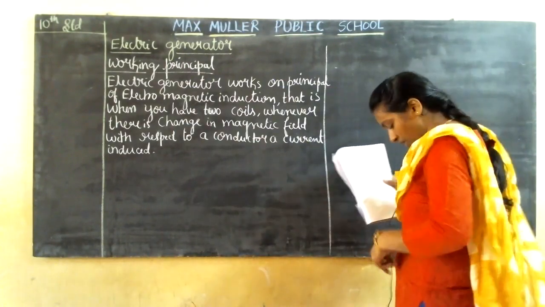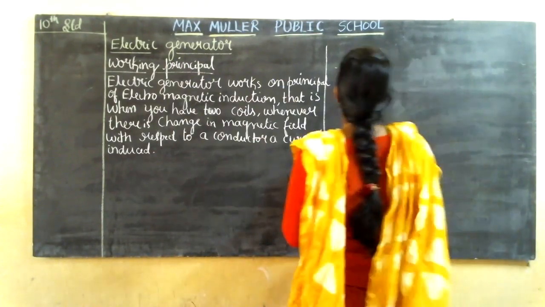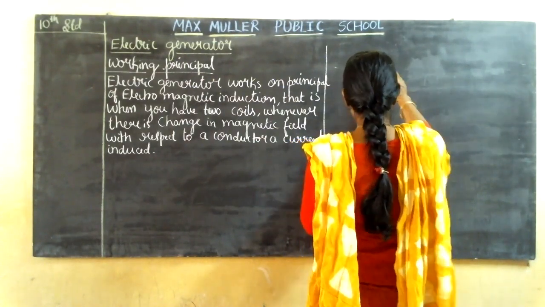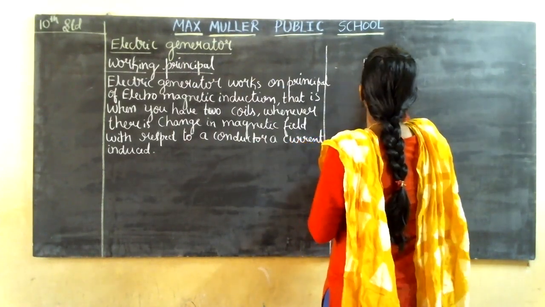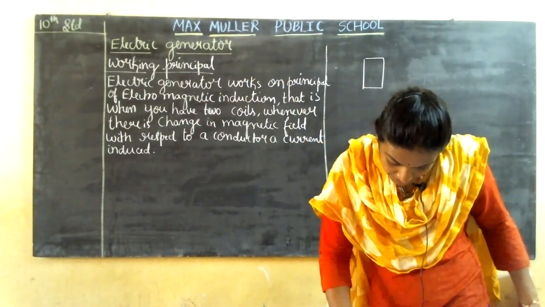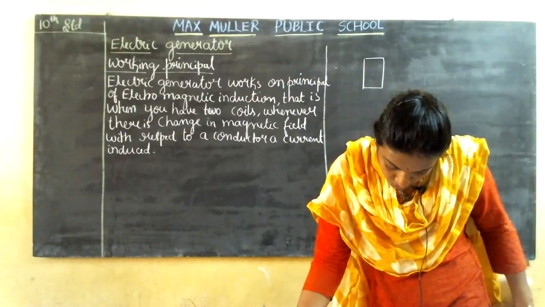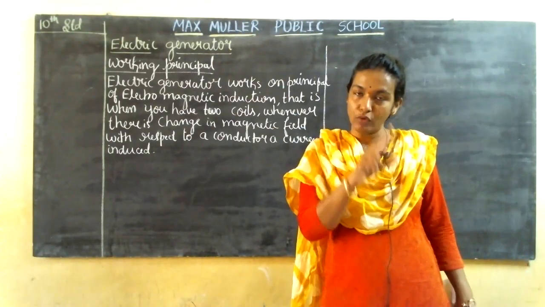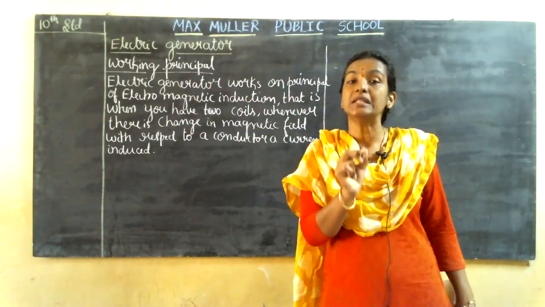So I'm just going to draw the diagram. What is the diagram here? How did you draw this, guys? DC motor, right? Have you drawn the electric motor? No, DC motor, direct current. It is the same, but there you have only one coil and split rings.